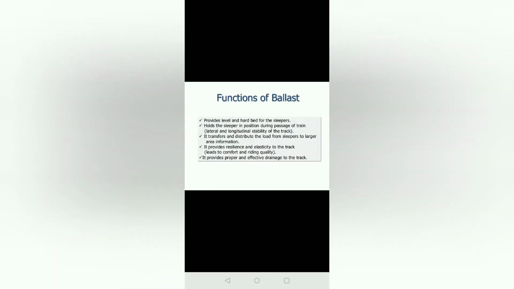So what are the functions of the ballast? The ballast provides a level and hard bed for the sleeper, and transfers the load from the sleeper to the subgrade, distributing it uniformly over a large area of the formation.